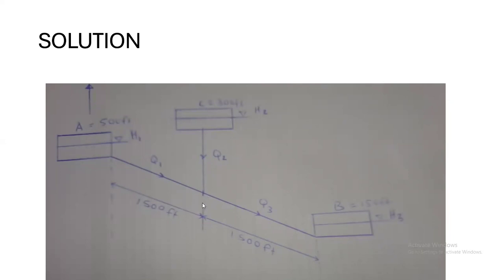This is point D, I forgot to mark it. Also, HD is equal to HC minus HFCD. And HD equals HB plus HFDB, we're adding back the friction loss because we're going backwards.